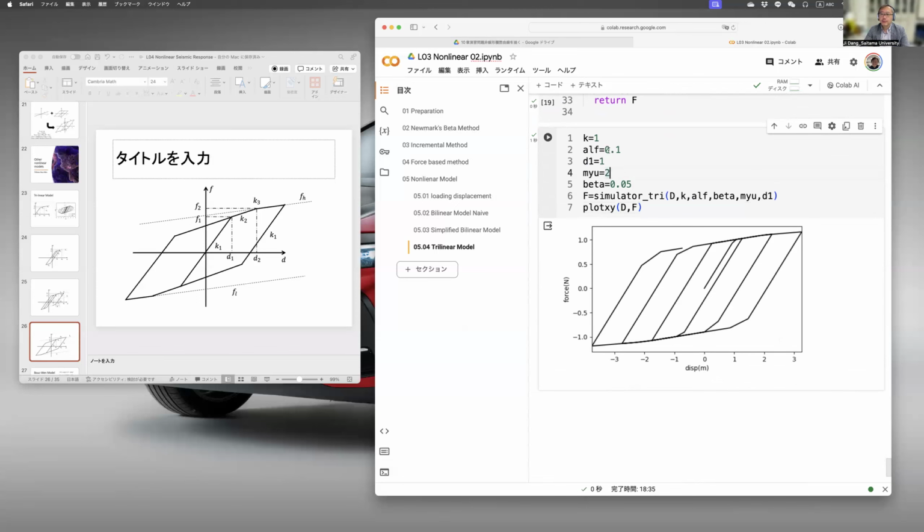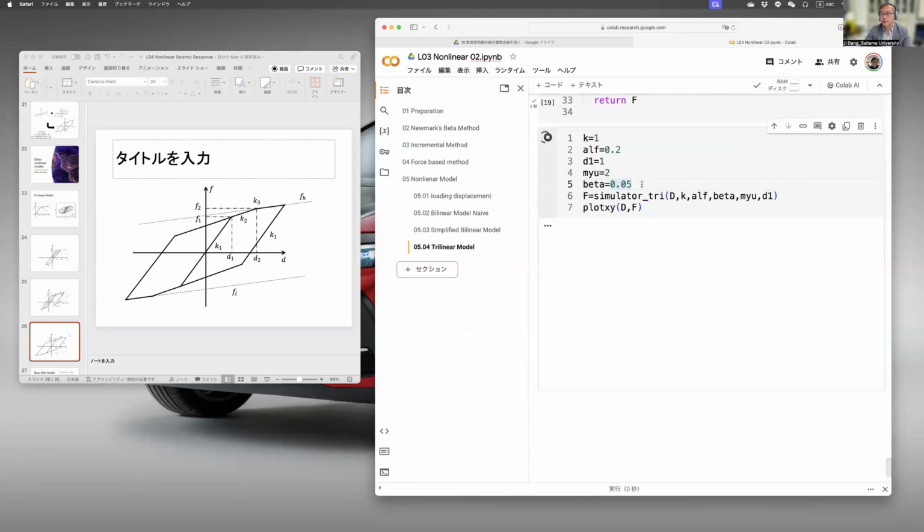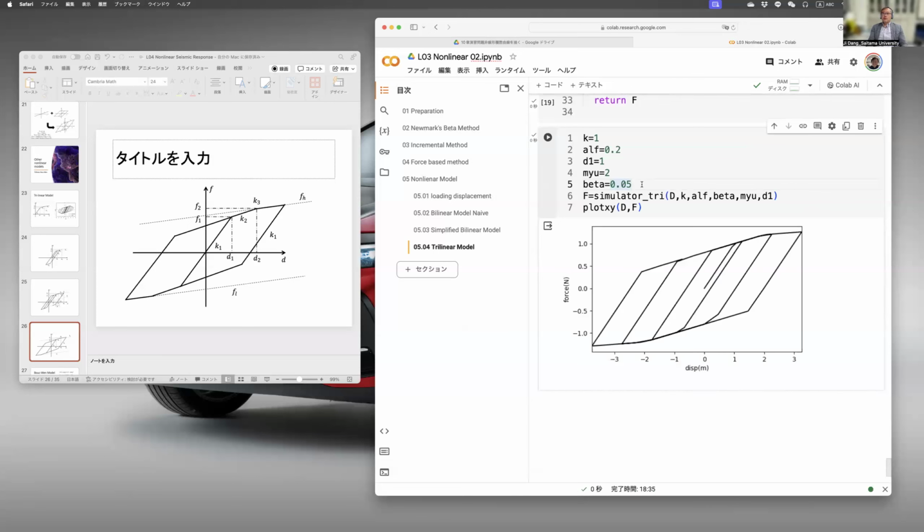So the alpha is 0.1, D1 is 1 time, which is D1, mu is 2 times, and then you yield. And then you have the beta is smaller than this. And let's try a little bit larger than this one. How about this one? So here is a trilinear model that we can have. Even you can have a minus gradient of this one.